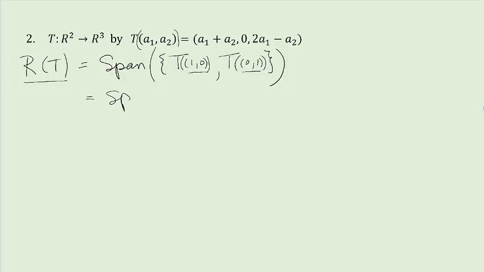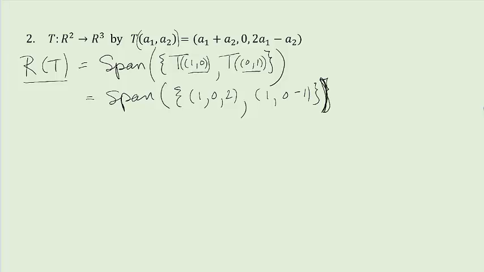It will be the span of T of 1, 0, the ordered triple where I add the two, I get 1, 0 is the second coordinate, and 2a1 minus 0 is 2. The other vector, T of 0, 1, will have first coordinate 1, second coordinate 0, and 2a1 minus a2 will be negative 1.